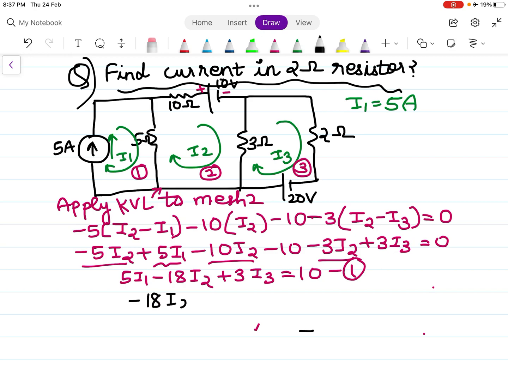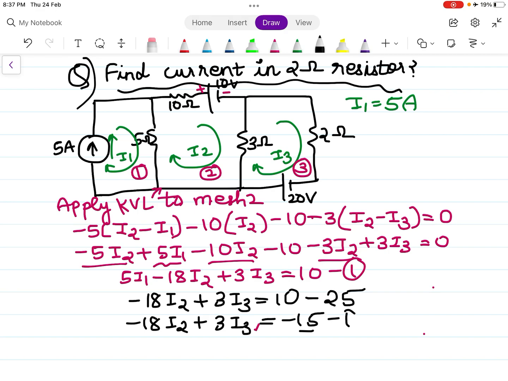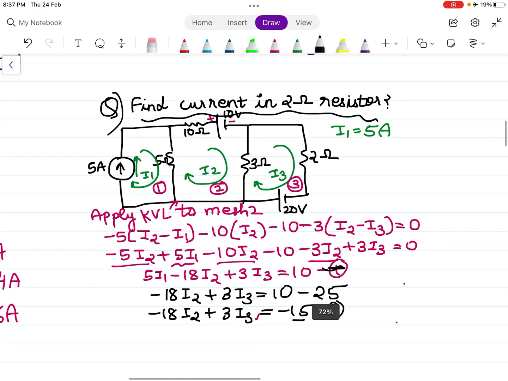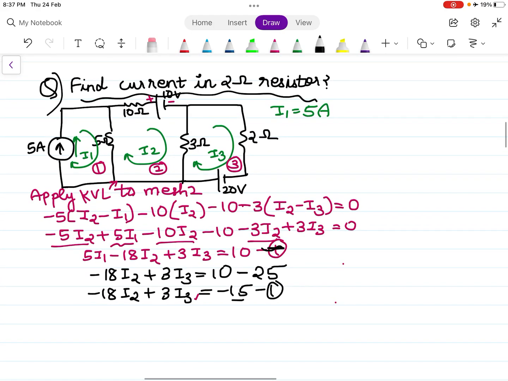So minus 18 I2 plus 3 I3 equal to 10 minus 25. So this will be minus 15. This will be equation 1. So I have applied KVL to mesh 2.